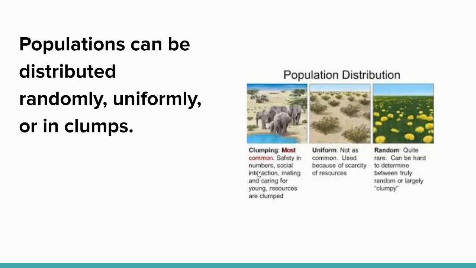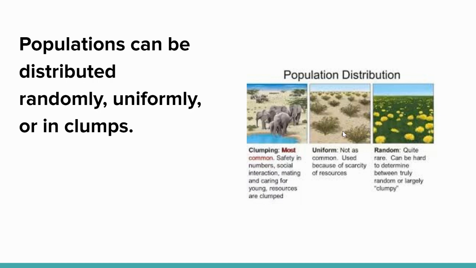Populations can be distributed randomly, uniformly, or in clumps. Here, if you look at our picture, we're talking about clumps of elephants. Notice how they're all right there together. It's so they remain safe, they interact, they mate, they care for their young. The middle picture talks about being uniform.